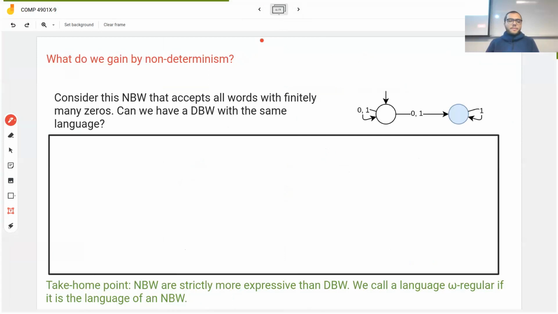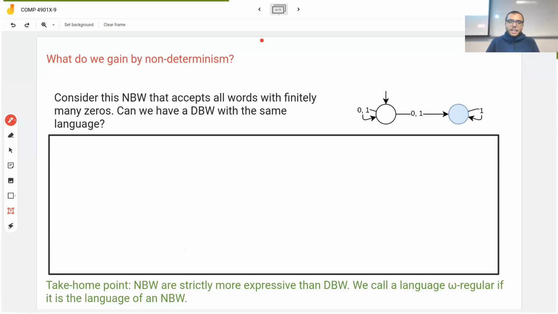Again, if you want a proof of this, just Google it or search on YouTube. It's a very classical result. You just have to do subset construction, and the DFA is actually going to be much larger than the NFA, but it doesn't matter. What matters is that if you have an NFA for a language, you also have a DFA.